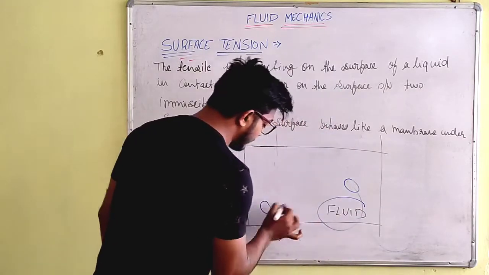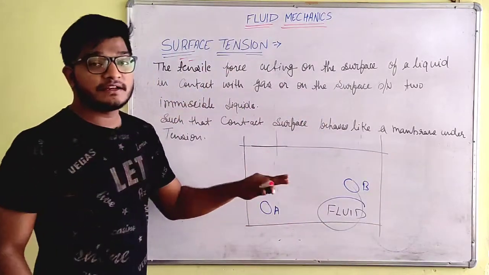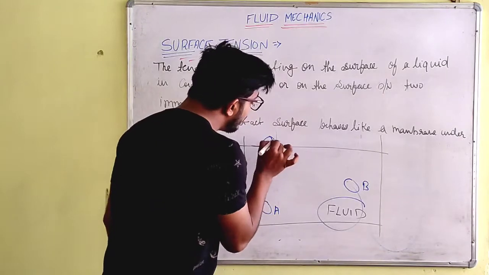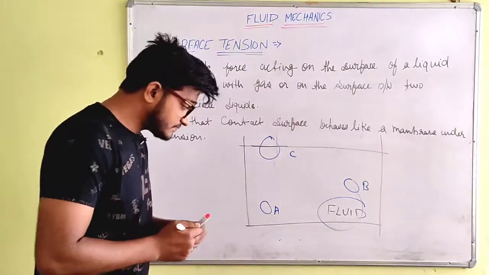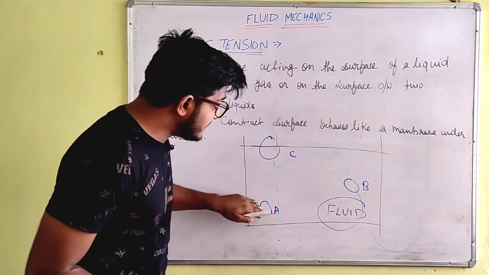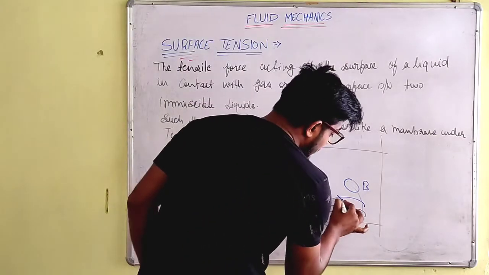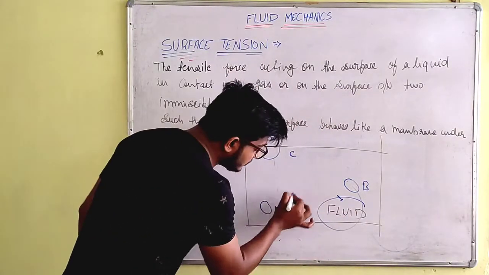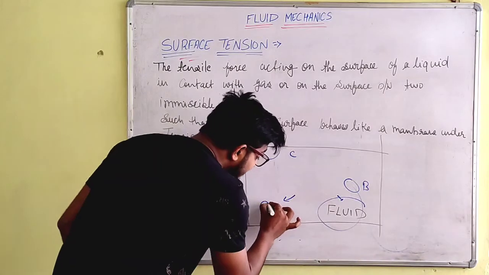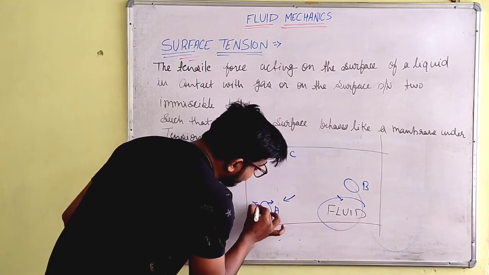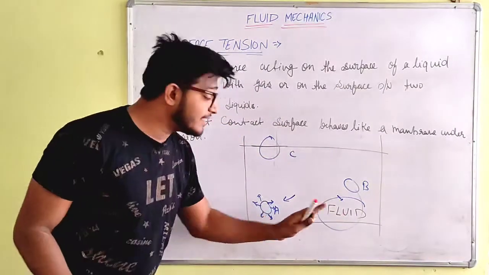One is at the bottom of the container, which is A. The second is at the mid part of the container, which is B, and the third is at the top layer of the fluid, which we name C. If the particle is at the bottom, pressure will be generated on it due to the fluid. Then a tensile force, which we can call the tension force, will occur on the surface of this particle in the container by the fluid.